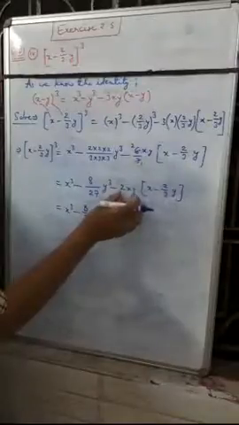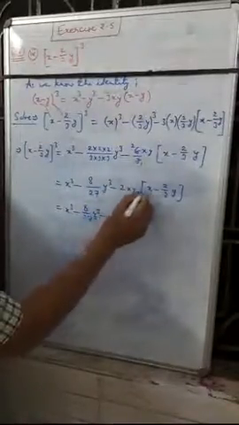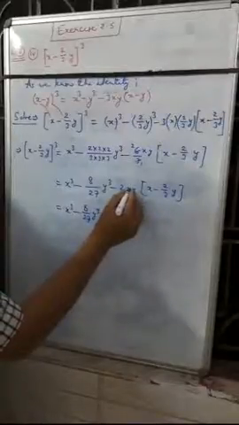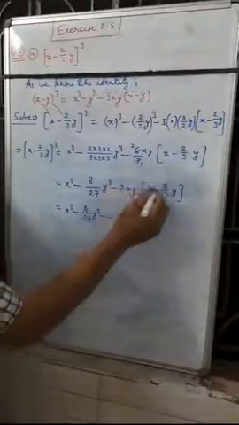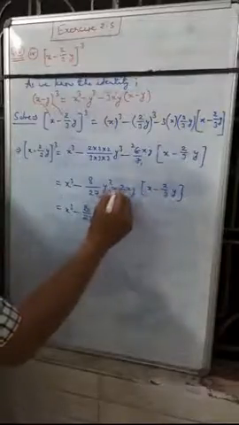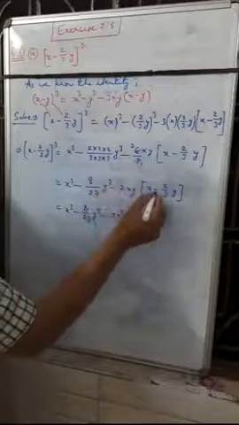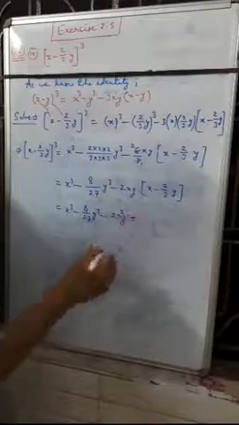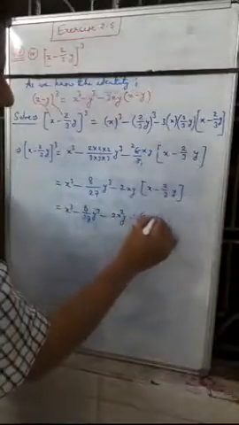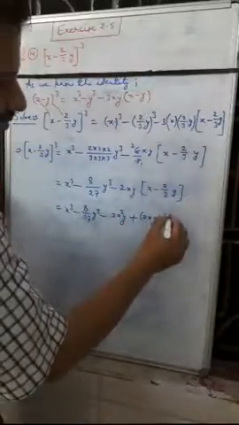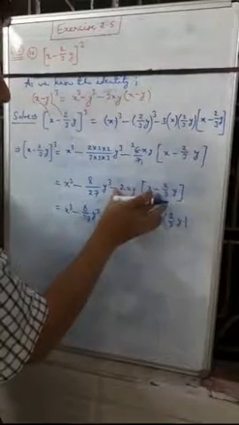Now 2xy will be multiplied by x, so 2xy into x gives x square y. Minus multiplied by minus, that sign will become plus. Now 2xy into 2 by 3y: minus and minus become plus.